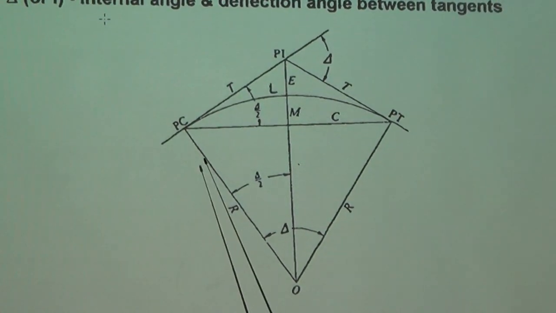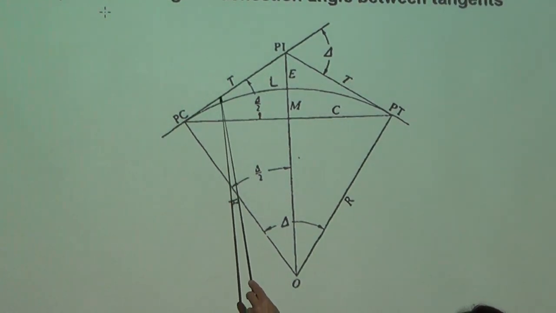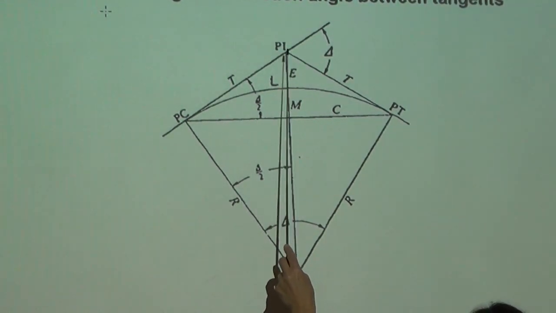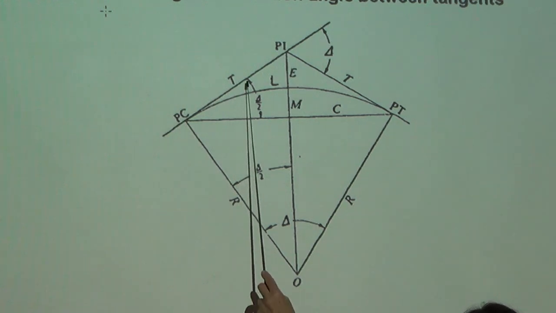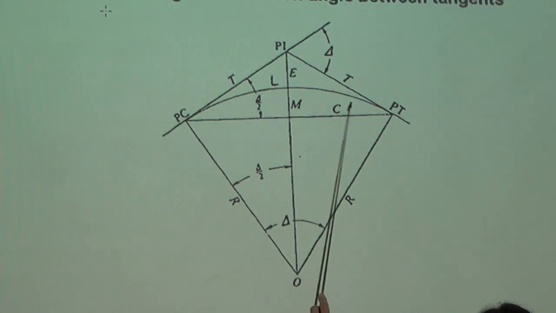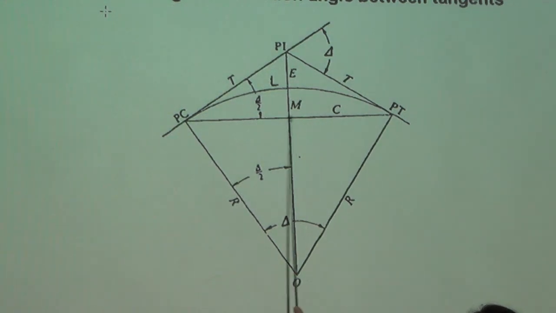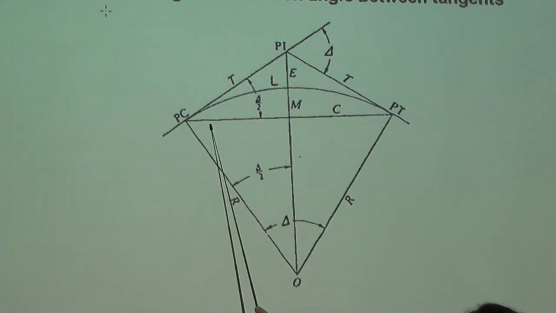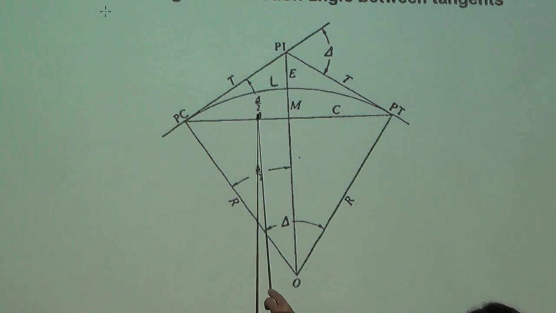So notice I'm setting up on PC, I'm sighting the PI, and I'm trying to find this angle between the PC to PI line and the PC to the PT, because I know what this chord length is. This right here is called the deflection angle.